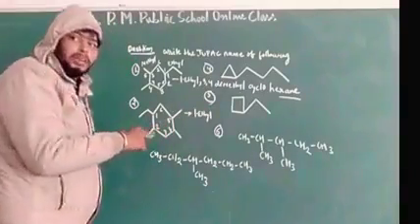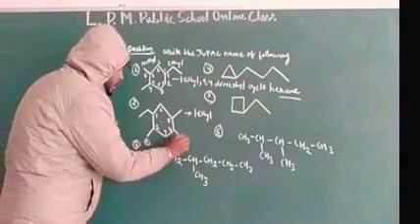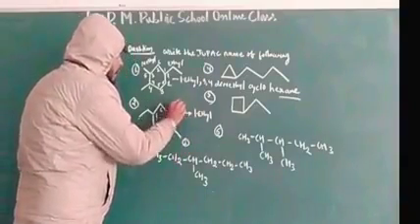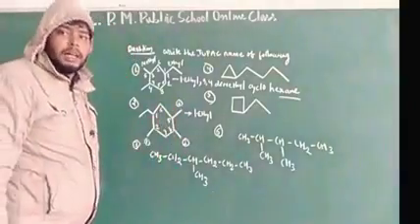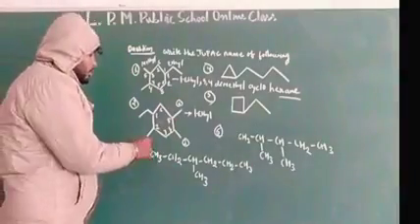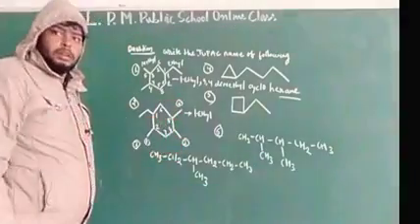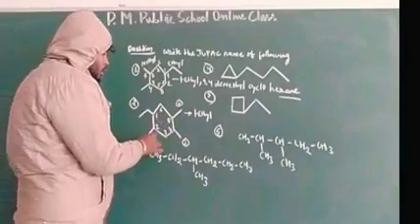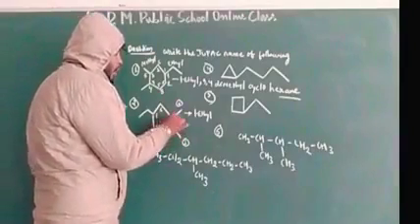There are 3 methyls present. Methyl number 1, methyl number 2 and methyl number 3 are this. 3 methyls are attached as a similar group. That means 1, 2 and 3 is this. For this you have to write 2, 4, 5.